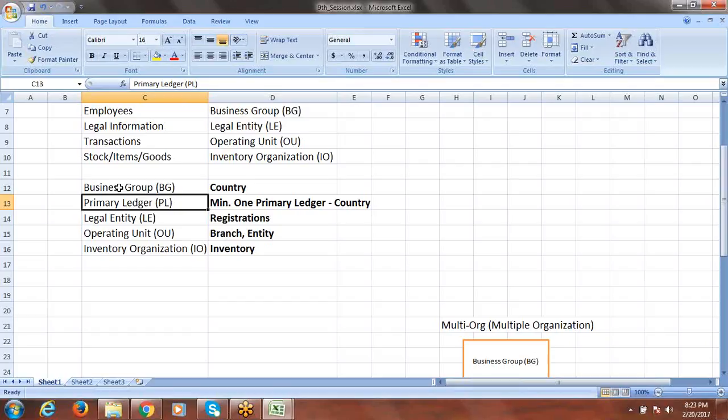In that case, you don't need to worry about these BGs and all. Just to run the process in the system, to complete the configuration, at least you have to create one dummy business group in the system that will help you to run through the process. The required information that should flow from HRMS to our finance related area will flow. Rest of the information, all the reporting purpose, all the data goes to GL.